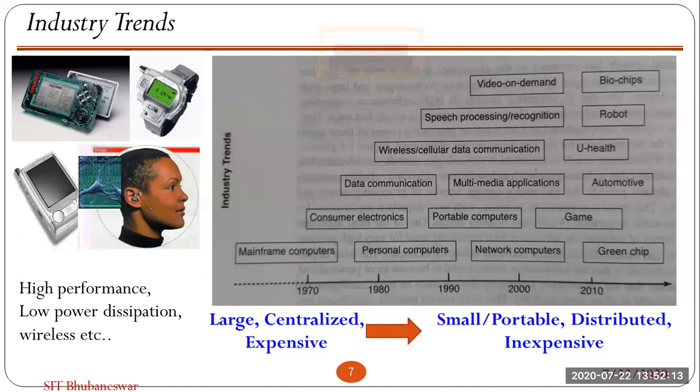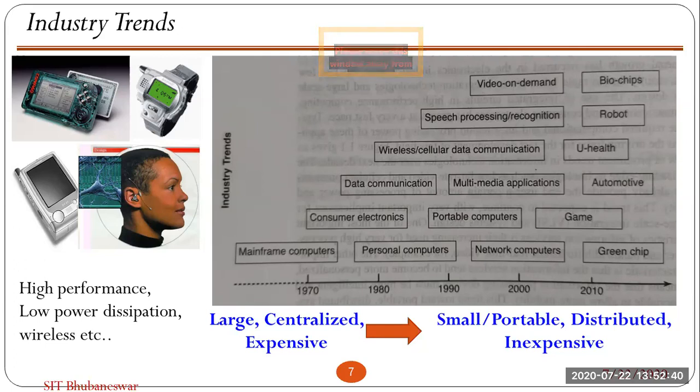Then you can see consumer electronics. Everything in your home, whether it's AC, refrigerator, or microwave oven, is consumer electronics, and ICs are required in that. Then portable computers, meaning laptops, tablets, everything. Then gaming is another emerging field in 2010.